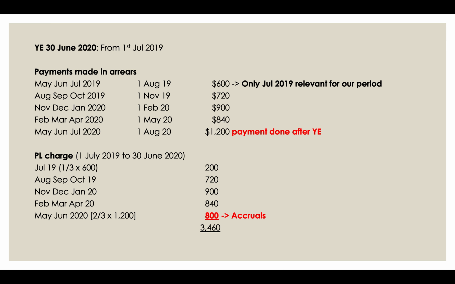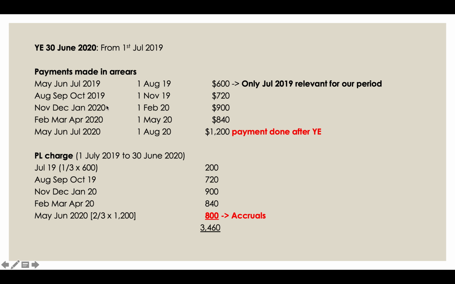Therefore, if you work through in chronological order, you will start with July 19, which is from this batch. Only July 19 is relevant for our year, therefore 1 month, 600 times 1/3 is 200. These payments are all relevant for our year, 720, 900 and 840.